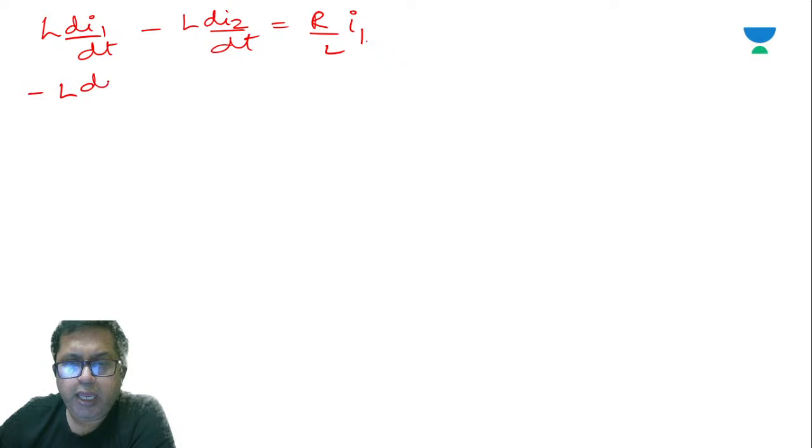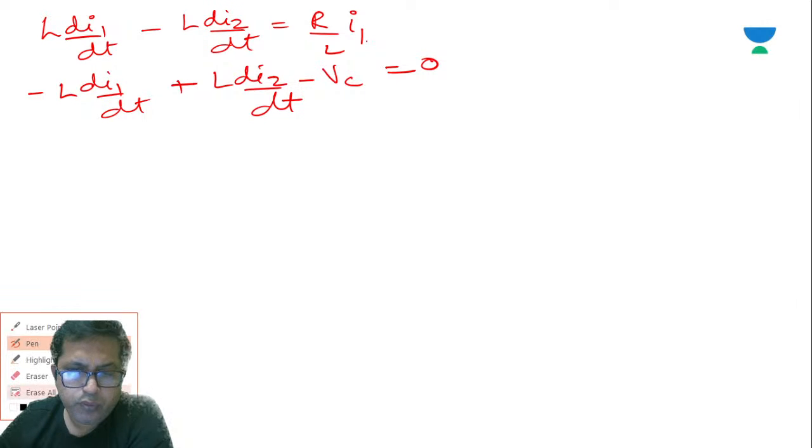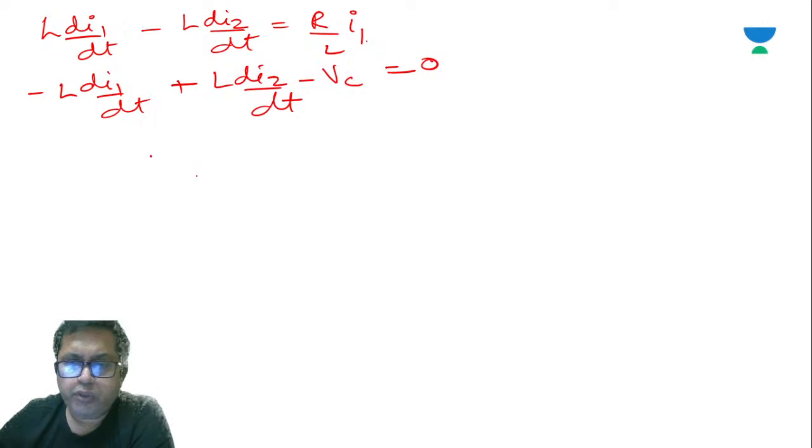Minus L di1 by dt plus L di2 by dt minus Vc is equal to 0.